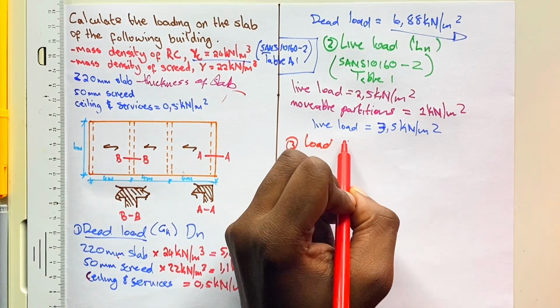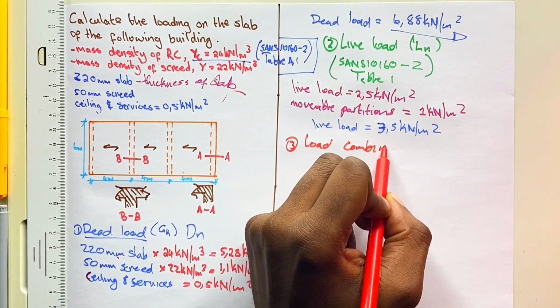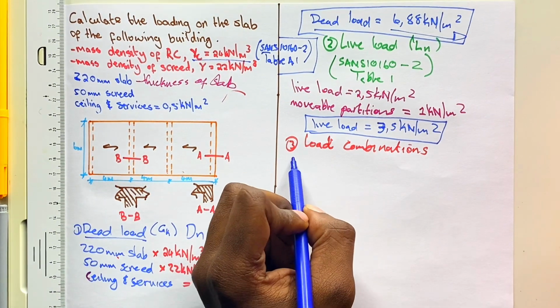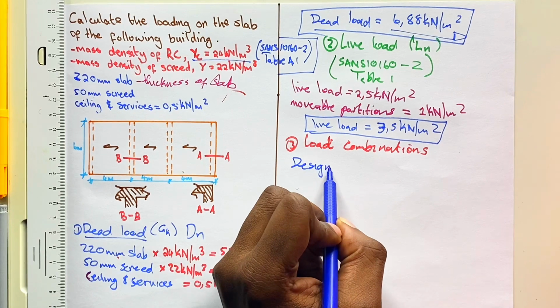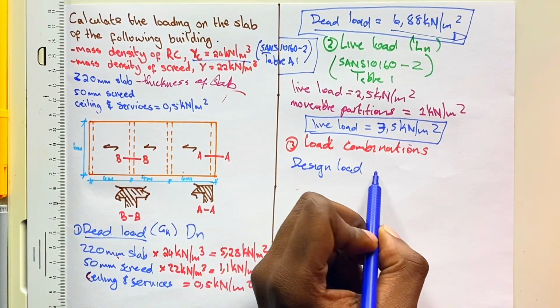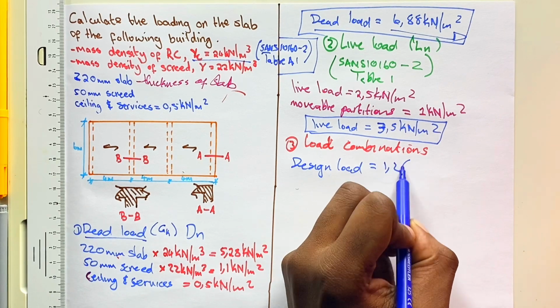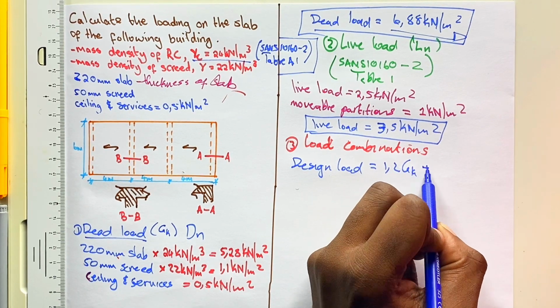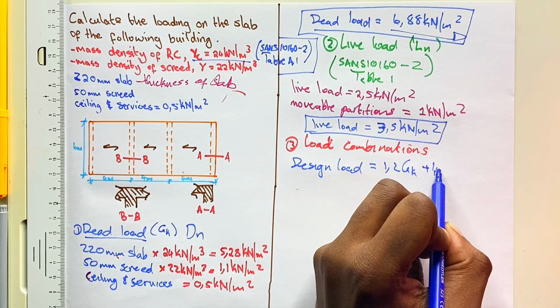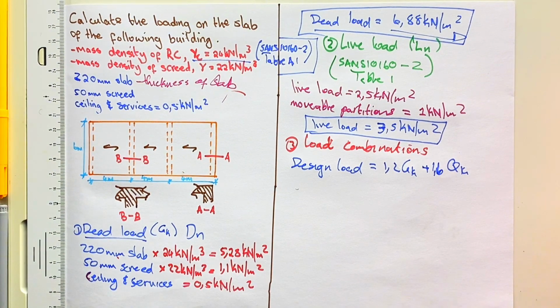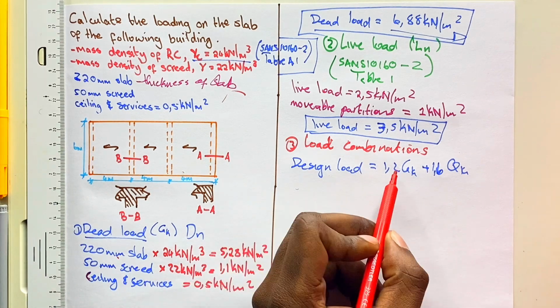So now we go to load combinations. My design load will be given by 1.2 dead load plus 1.6 live load. Now these factors are important.